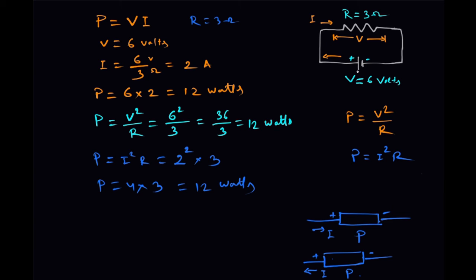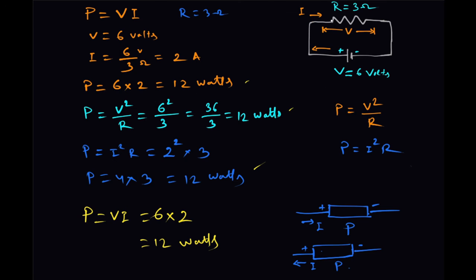So this element is supplying power, and how much power is it supplying? P is equal to V into I. V is the voltage across this element, that is 6 volts, into the current flowing through it, which we have calculated as 2 ampere. So we get 12 watts. So 12 watts is supplied by this battery, and that power is consumed by this resistance, which we calculated by 3 methods.